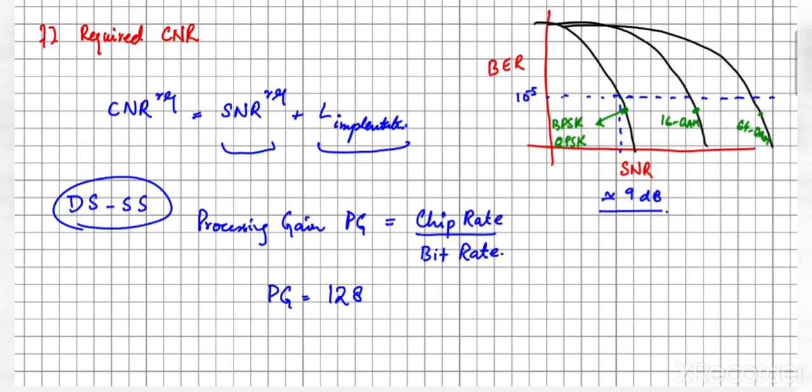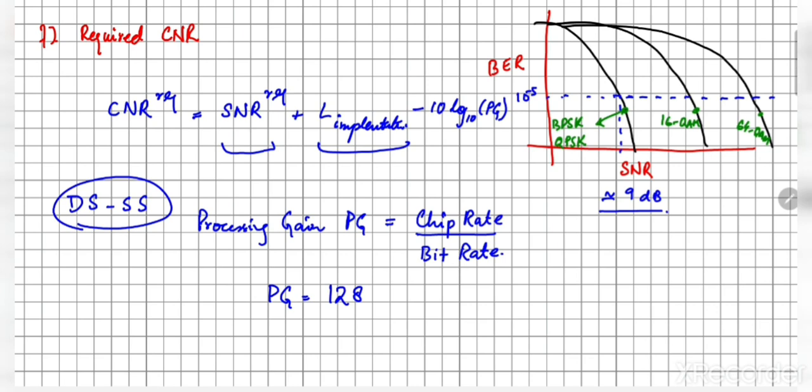So in the context of direct sequence spread spectrum, we will also have a factor which is minus 10 log 10 of processing gain PG in this overall expression.